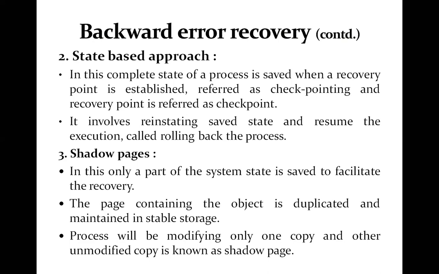Whenever a process wants to modify an object, the page containing the object is duplicated and maintained on the stable storage. From that point onwards, only one of the copies undergoes all the modifications done by a process. So only one copy is modified, and the other copy which is unmodified is known as the shadow page.